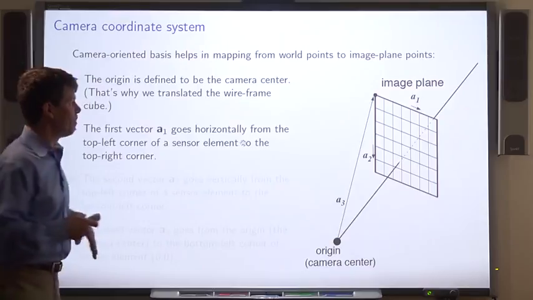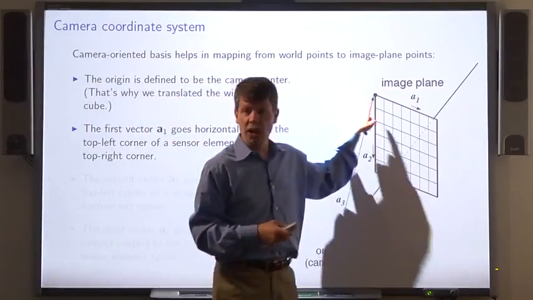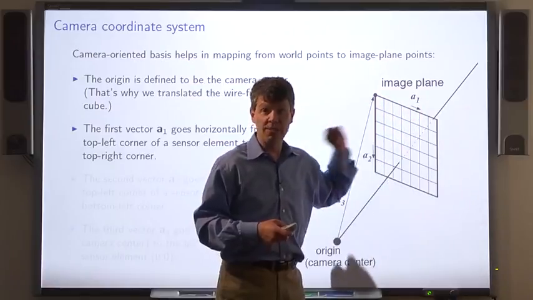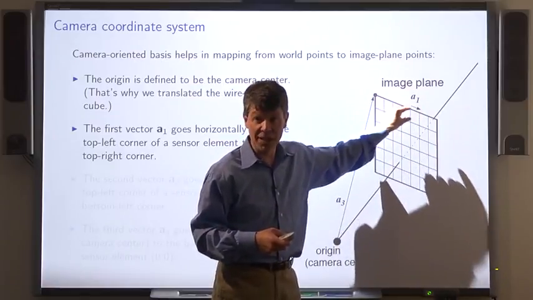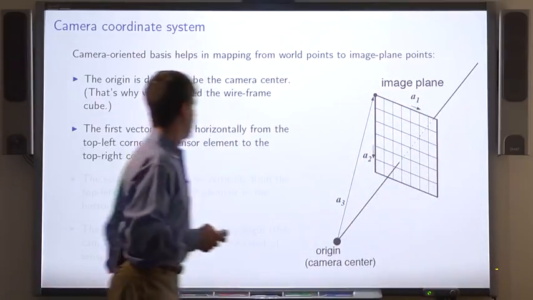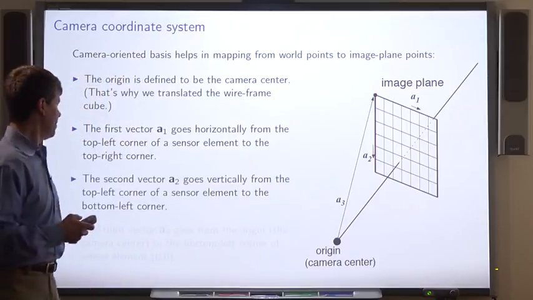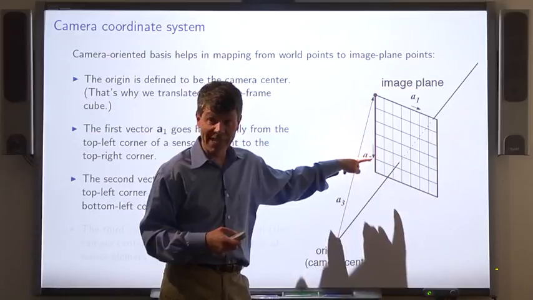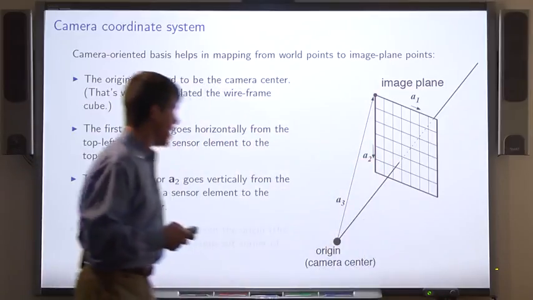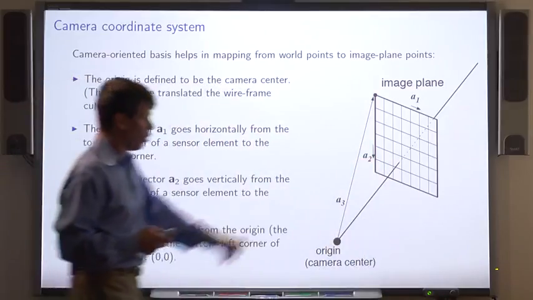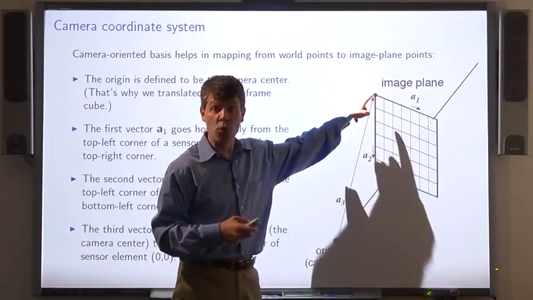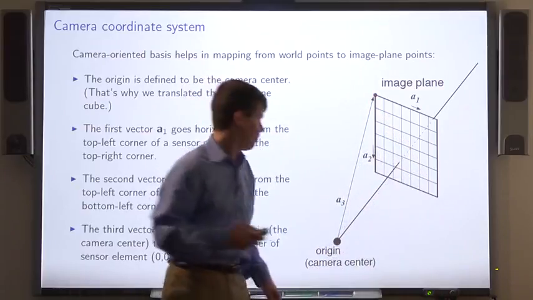The first vector in the basis goes horizontally, and I'm just going to make it the length of a pixel, the length of a sensor element in the sensor array. The second vector in the basis goes vertically, the length of a sensor element. And the third vector goes from the origin to, say, the top left corner of the sensor array.